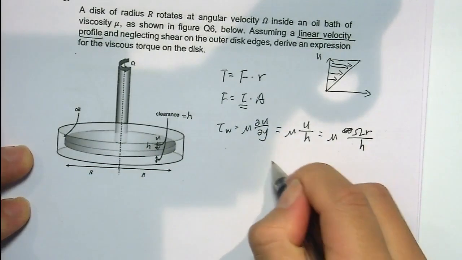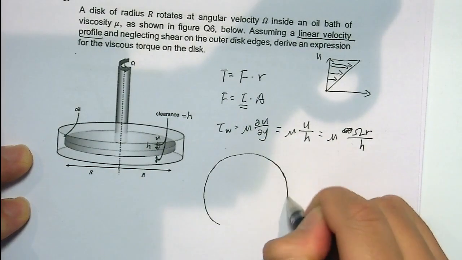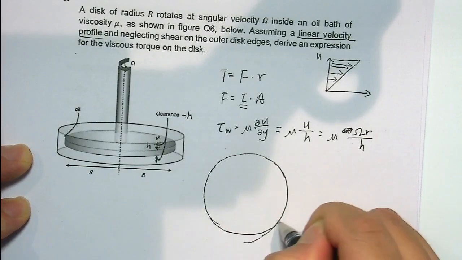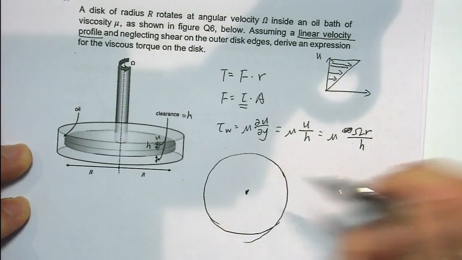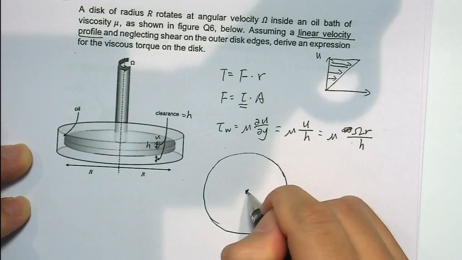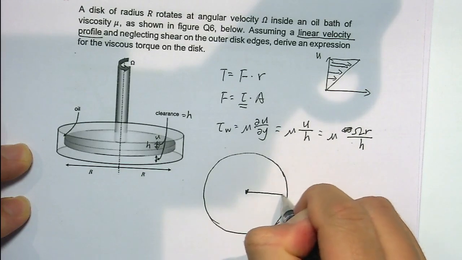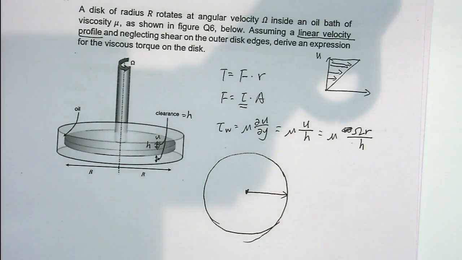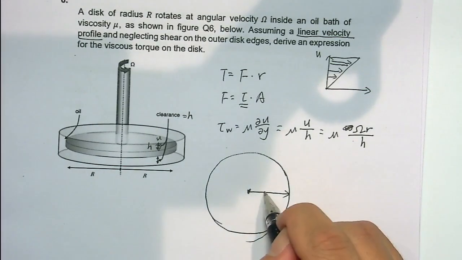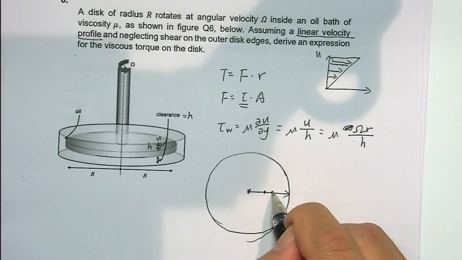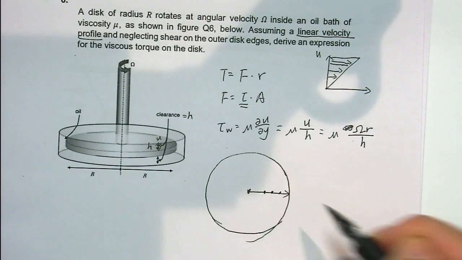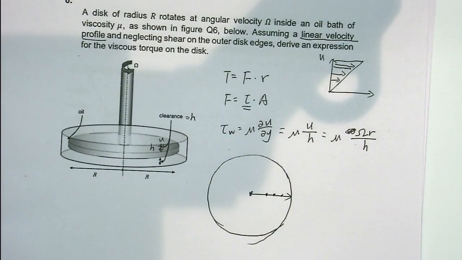We draw the disk out. This is the rotating center, and from here this is the radius. So the shear stress at this point, and at this point, and at this point are not the same, because the radius is not the same.